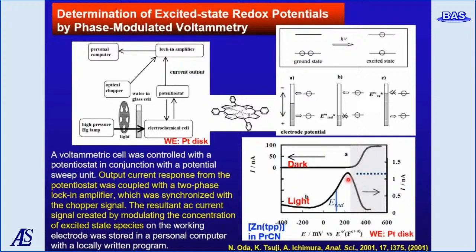This is because the concentration of zinc porphyrin decreases due to the oxidation. Therefore, the reduction potential at the excited state was estimated to be 0.12 volt.